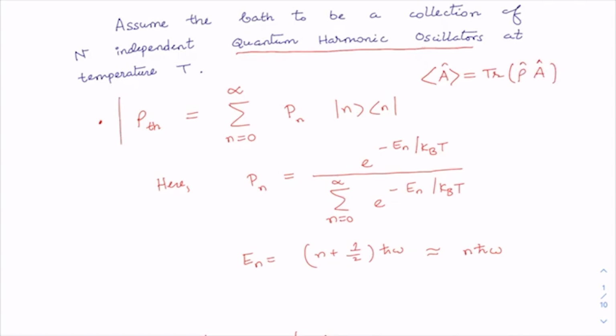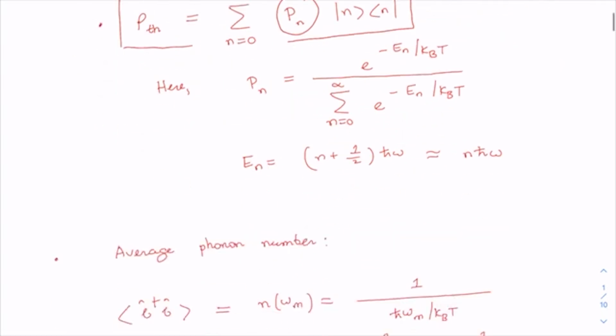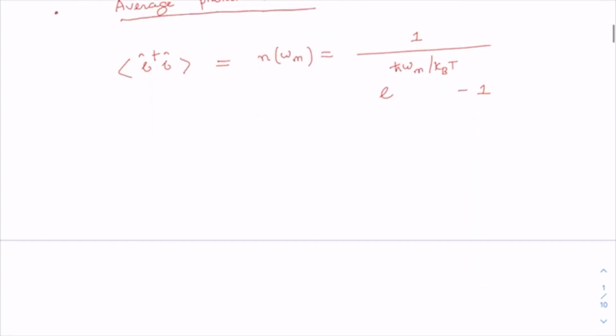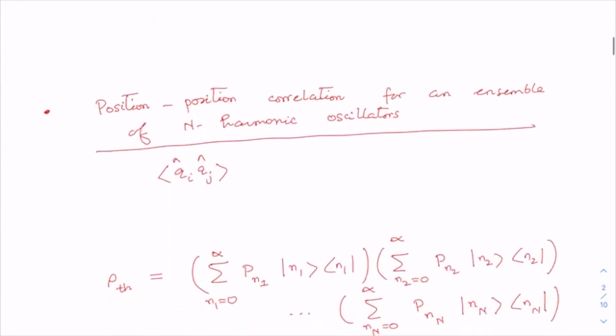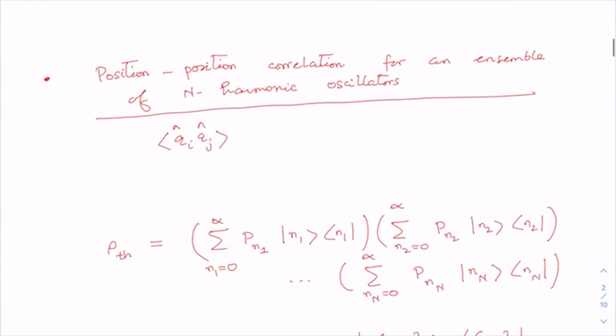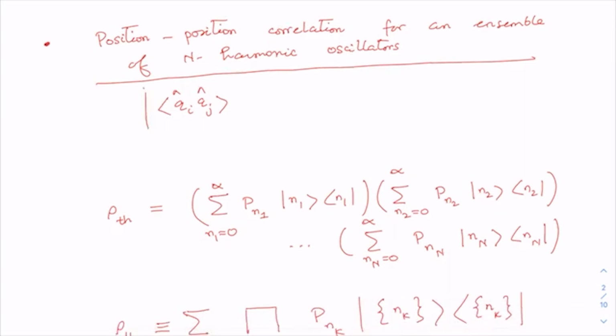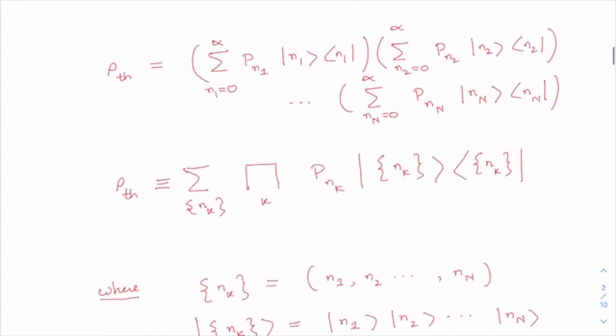So we first wrote down the density operator in the so-called number state basis, where Pn is the probability, and we calculated the average phonon number. After that, we worked out the position correlation function for an ensemble of N harmonic oscillators, and first we started by calculating the expectation value of the product of two position operators for the ith and the jth oscillator.